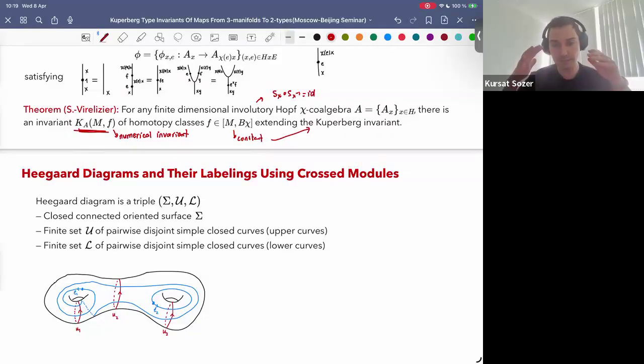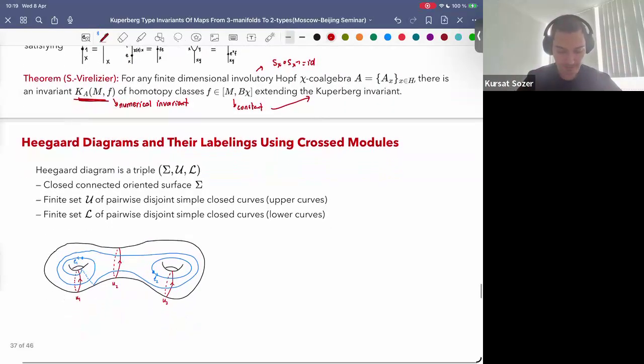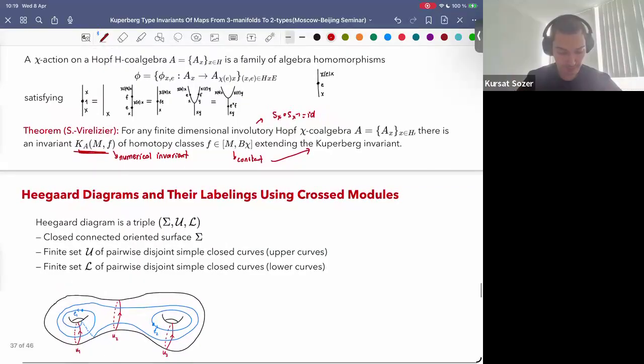It's the same scheme. We extend some TQFT invariants to homotopy classes. When the homotopy class is constant, then it recovers the underlying topological TQFT invariants of the manifolds. And how do we do this?